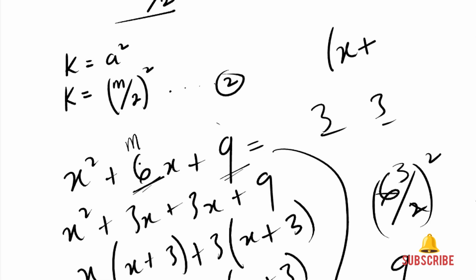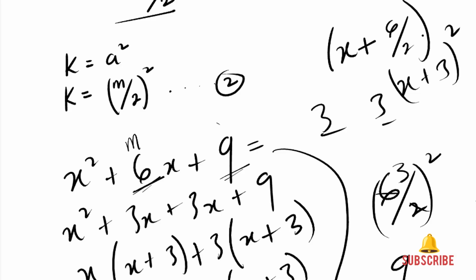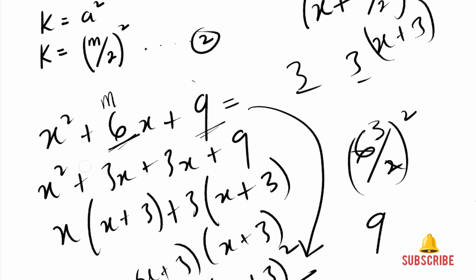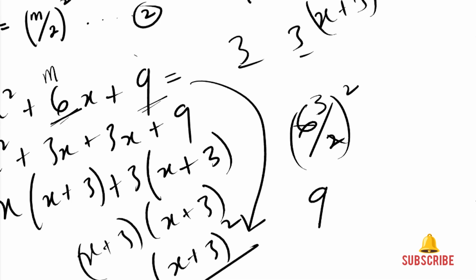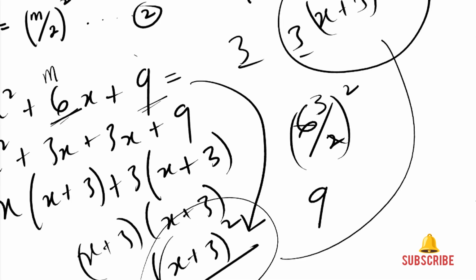A, we pick the value of m here, which is 6, 6 over 2, then whole square. And we have x plus 3 all squared. So we have an answer that is the same with what we had here. So this is the same with this. That shows they're correct.